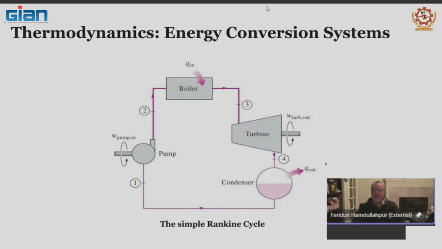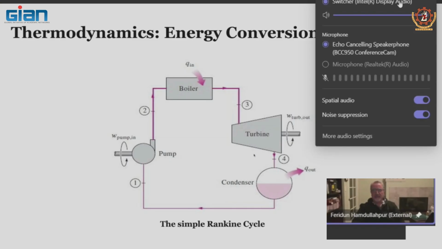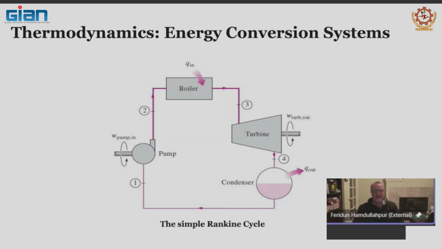I should also remind you that the most inefficient part of any of these cycles is, of course, the condenser. Because of this, the maximum efficiency is limited, let's say in a good case to 42%.